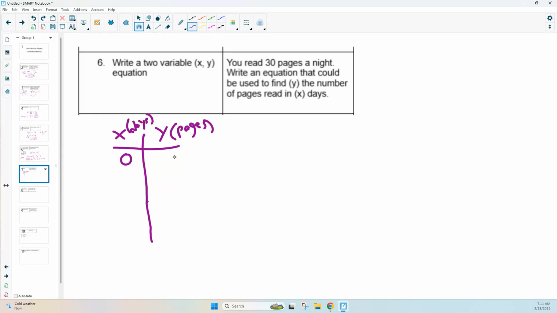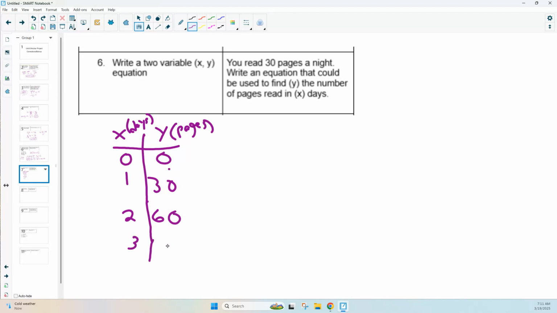If I have read for 0 days, that means I have read 0 pages. If I have read for 1 day, that means I have read 30 pages. If I have read for 2 days, that means I have read 60 pages.